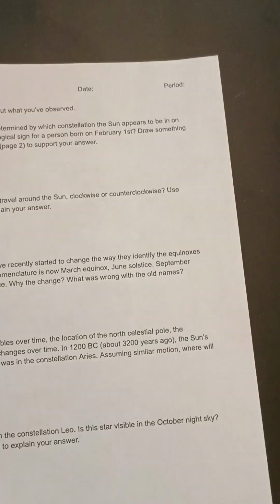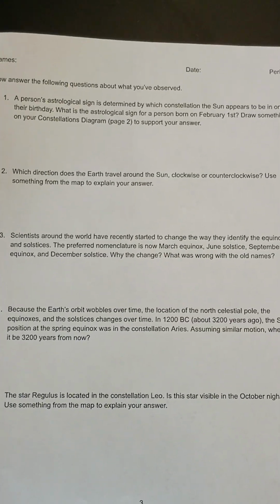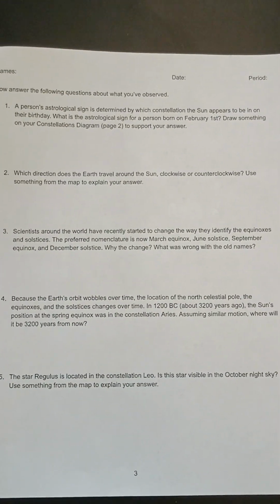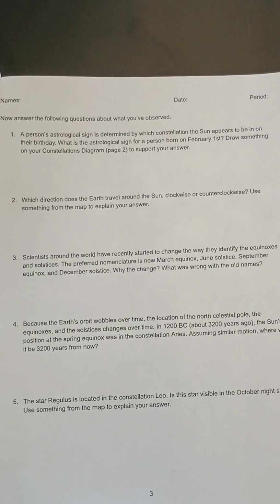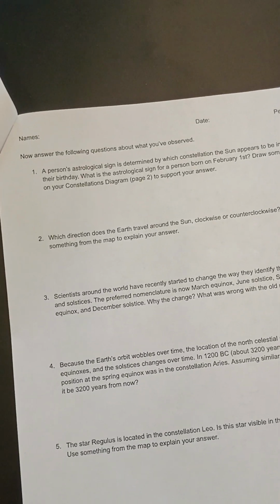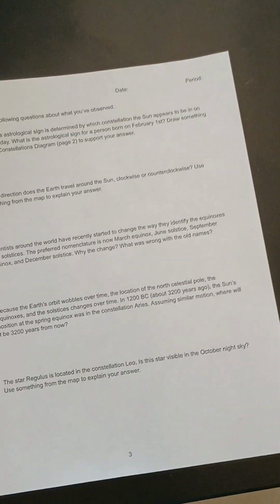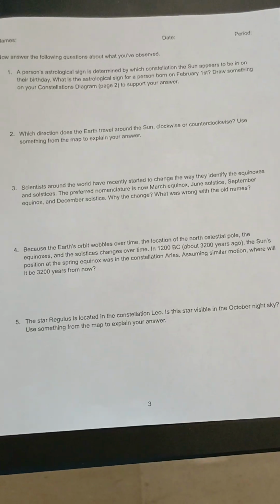Okay? All right. Once you've accomplished all of those things, then there are some questions on the back to answer. The first question has to do with your astrological sign. The second question, which is one of the big ideas that you should be getting from this, which way does the Earth travel around the sun, clockwise or counterclockwise?